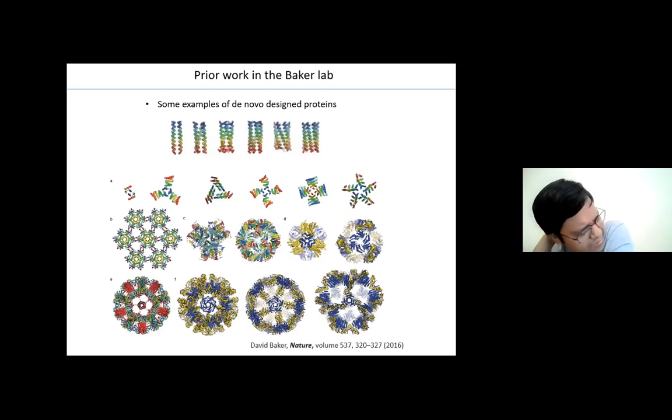So what did David Baker and all of his people do over the years? Obviously he started from the very beginning. He started building all this foundational stuff, the spirals and things like that. And then he moved on, and by 2016 he could actually build things that look like a virus, like the question that we faced earlier.